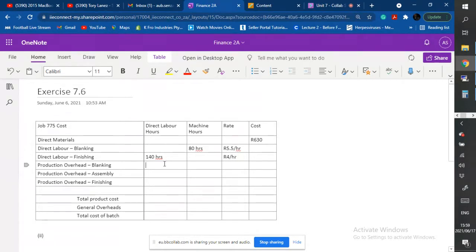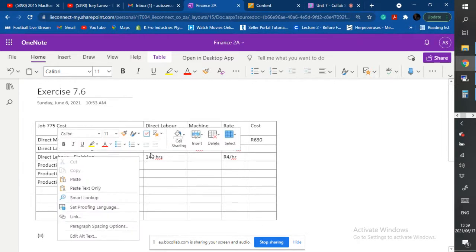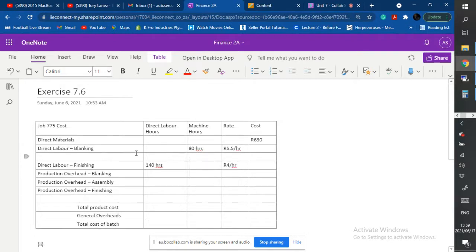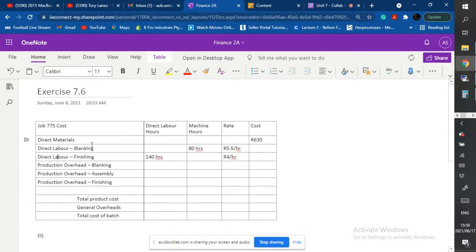Then direct labor for finishing. Wait, we don't have finishing. Let me quickly fix this, I skipped one here. Let me insert below.